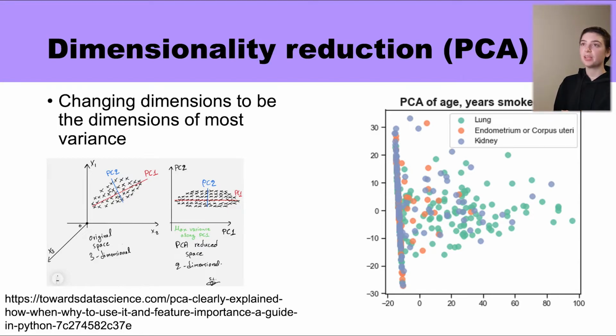As you can see on the left, PC1 is the component of most variation, so you've got the biggest spread of the data along there, and PC2 is the next one. It's pretty easy to visualize this, and your data basically gets rotated to go along the axes of those dimensions. However, when we do this to our data set of age, years smoked, and BMI, it doesn't look too informative. So the thing to think about is, why didn't our PCA just work?